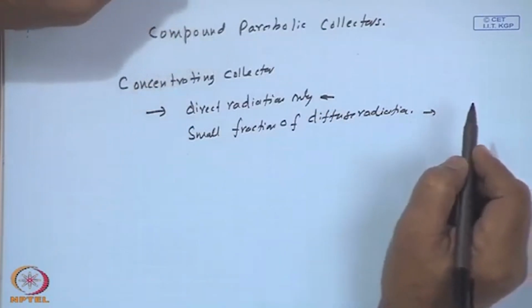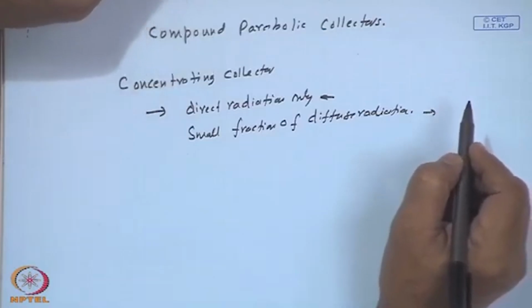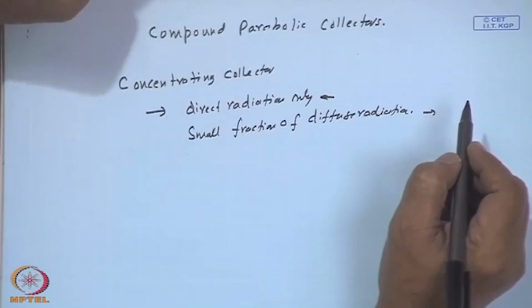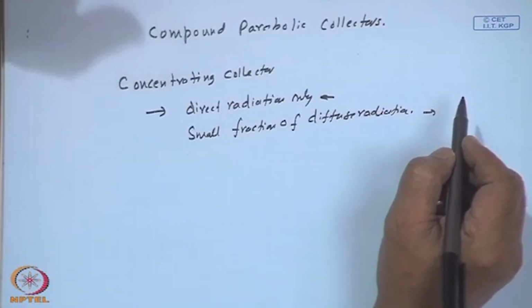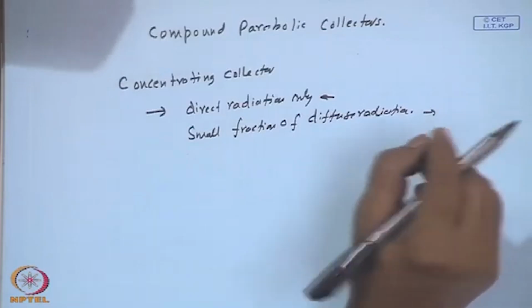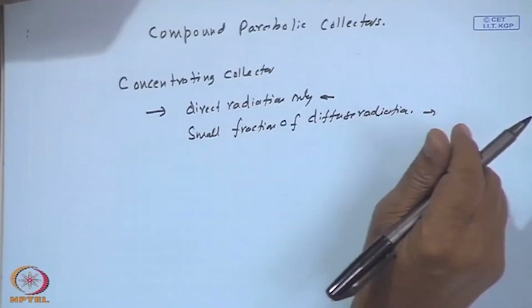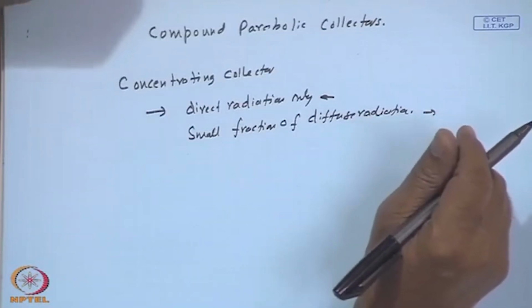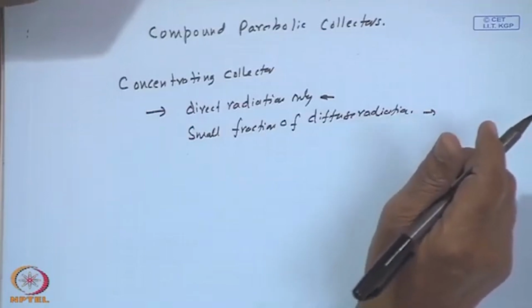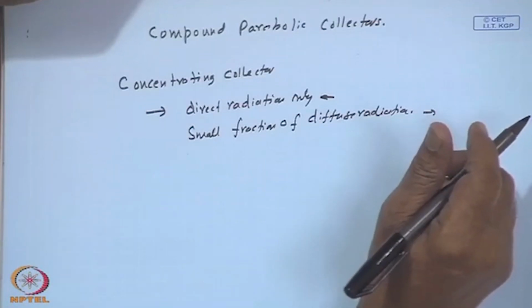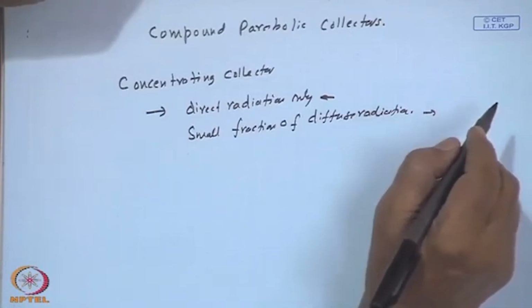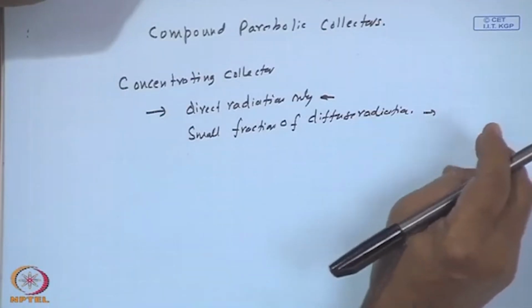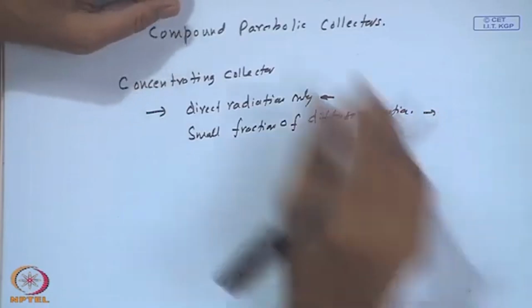So, the issue has been, can we do something, a design of a concentrating collector which has a concentration ratio so that the solar radiation falling on the receiver is of larger intensity, and it does not lose because the receiver area is small, but also accepts diffuse radiation, which may be 30% of the total radiation.